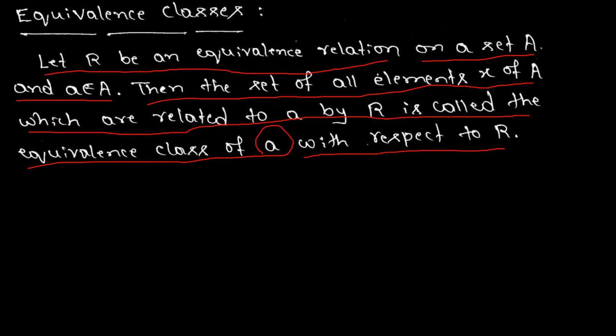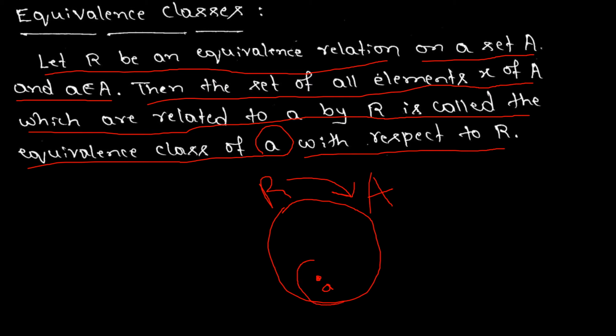This means that suppose you have a set A, capital A, and the relation R is defined on this set. Suppose you have an element small a here. Now what we do is we form a subset, that is nothing but equivalence class generated by a. How we generate this equivalence class?